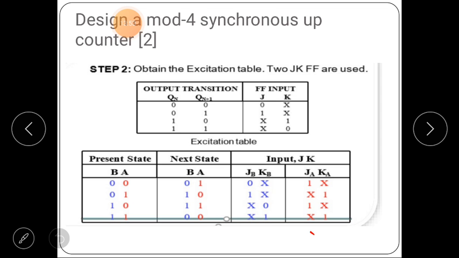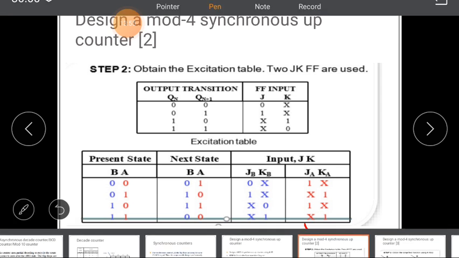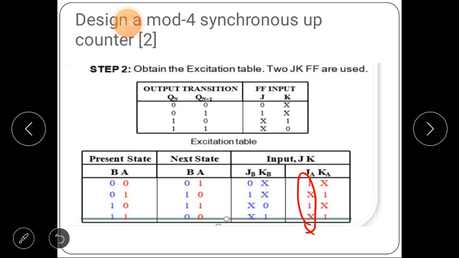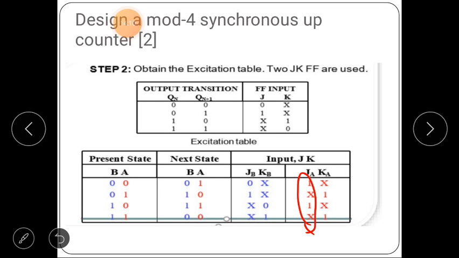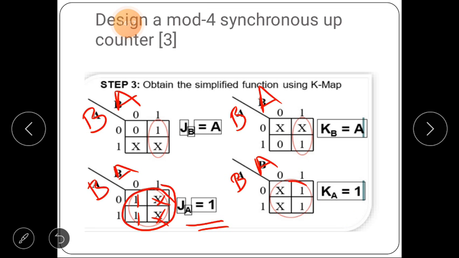For JA it is 1x, 1x, so we put 1x 1x. We can group the entire 4 cells, so the result is 1. Again for KA it is x1, x1, x1. We can group all 4 cells, so K is equal to 1.